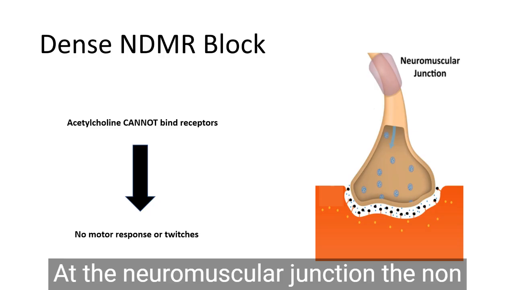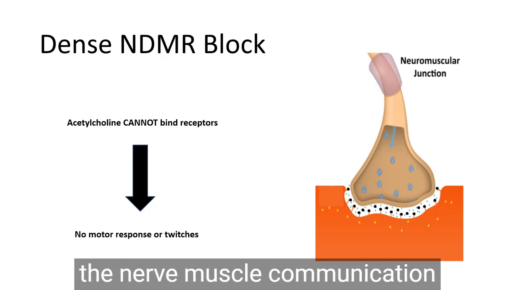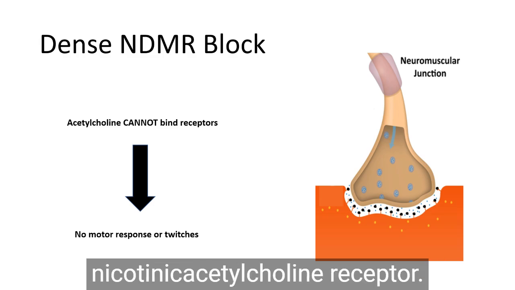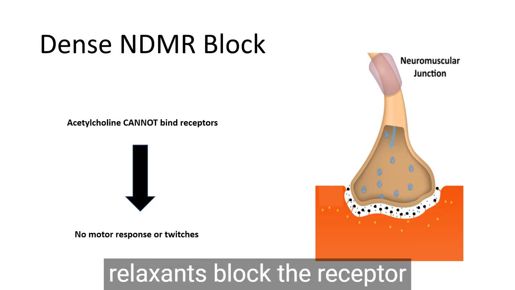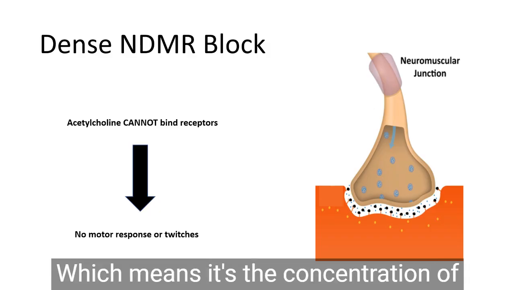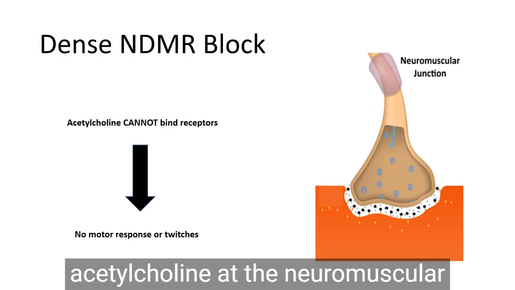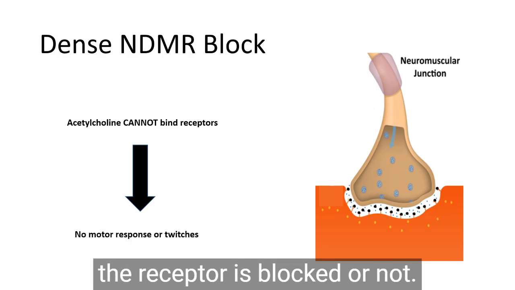At the neuromuscular junction, the non-depolarizing drug binds to and blocks the nerve-muscle communication channel, which is the postsynaptic nicotinic acetylcholine receptor. The non-depolarizing muscle relaxants block the receptor in a competitive manner, which means it's the concentration of the drug versus the concentration of acetylcholine at the neuromuscular junction that determines whether the receptor is blocked or not.